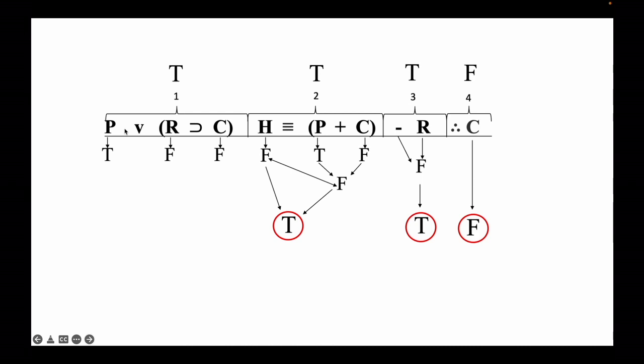Let's see if anything changes here in premise 1. It doesn't change anything here, because remember that when the antecedent is false and the consequent is false, that renders the statement true.